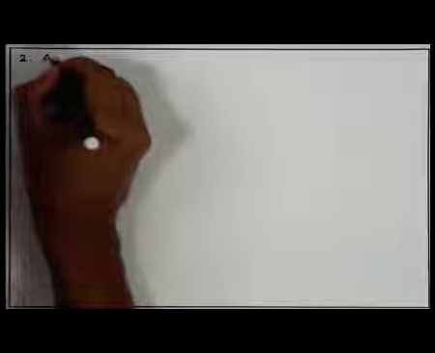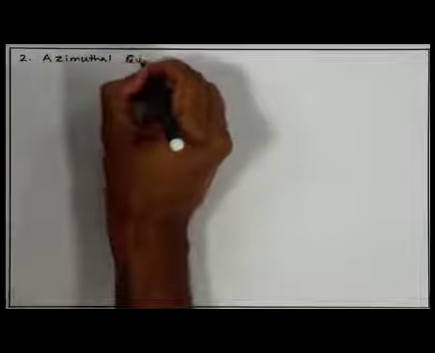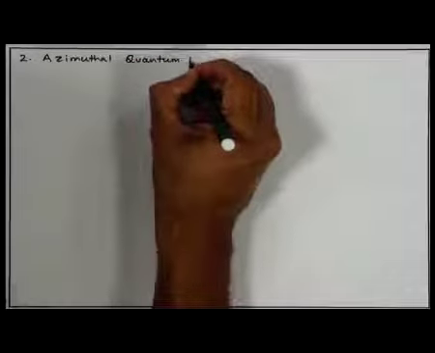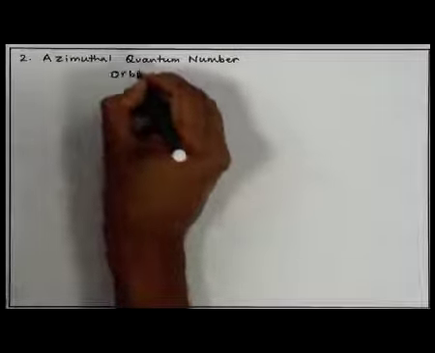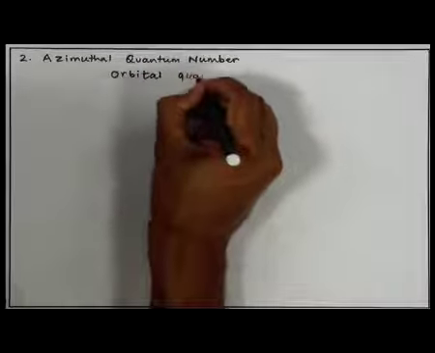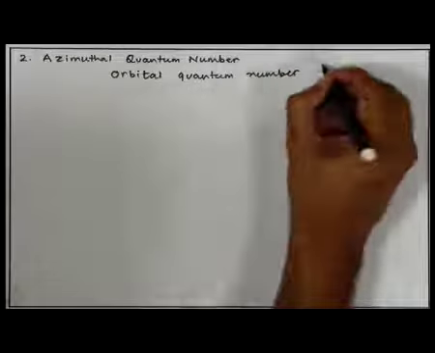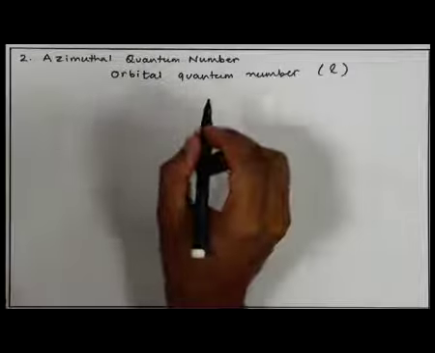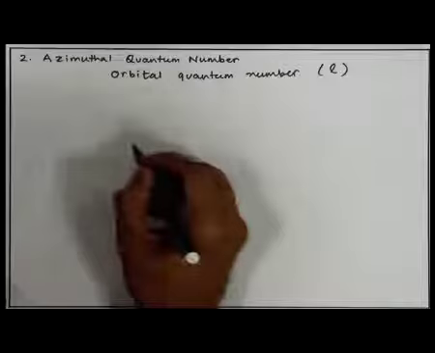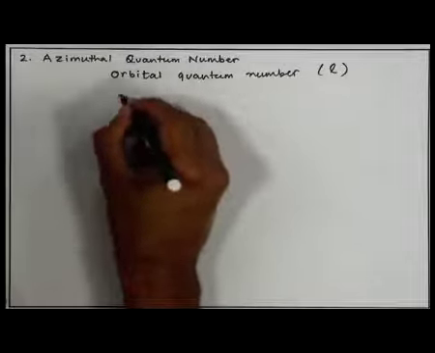The next quantum number is the azimuthal quantum number. It is also called the orbital quantum number, and is given the letter L. If the principal quantum number talked about the size of the orbital, the azimuthal quantum number talks about the shape of the orbital.